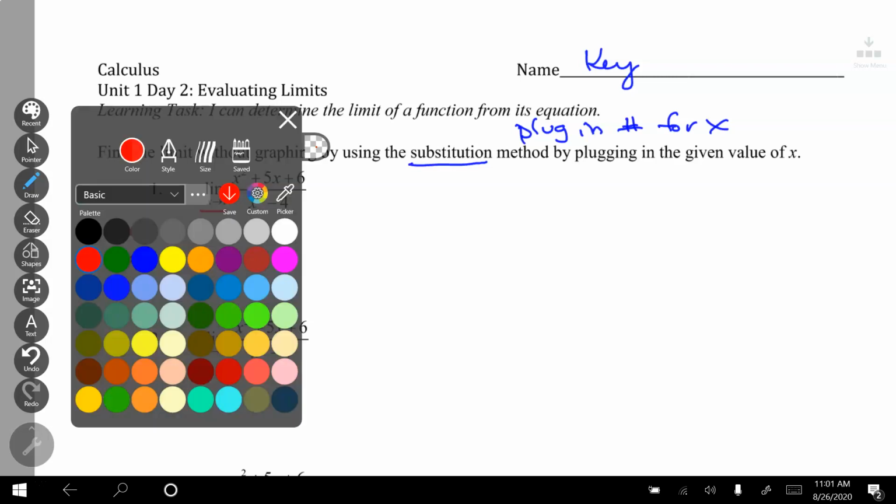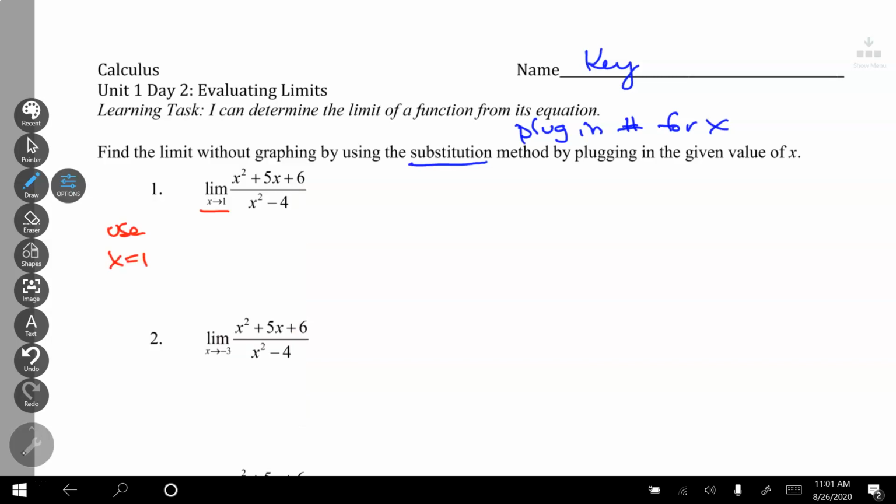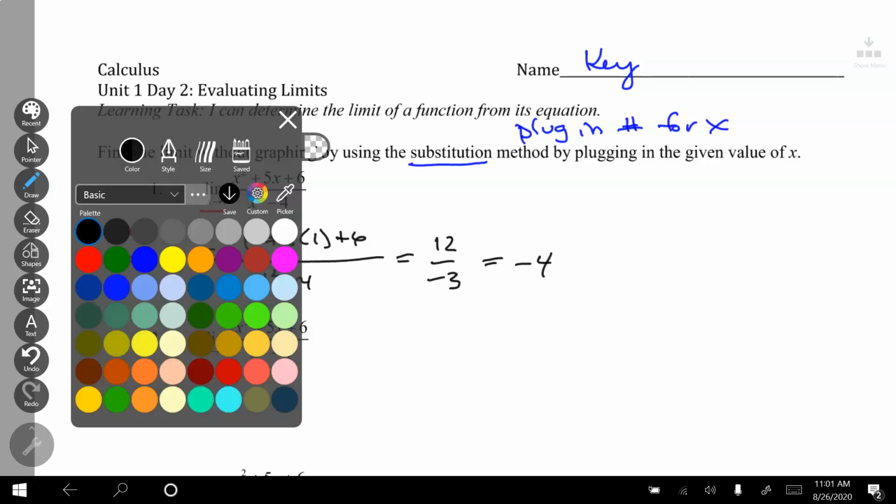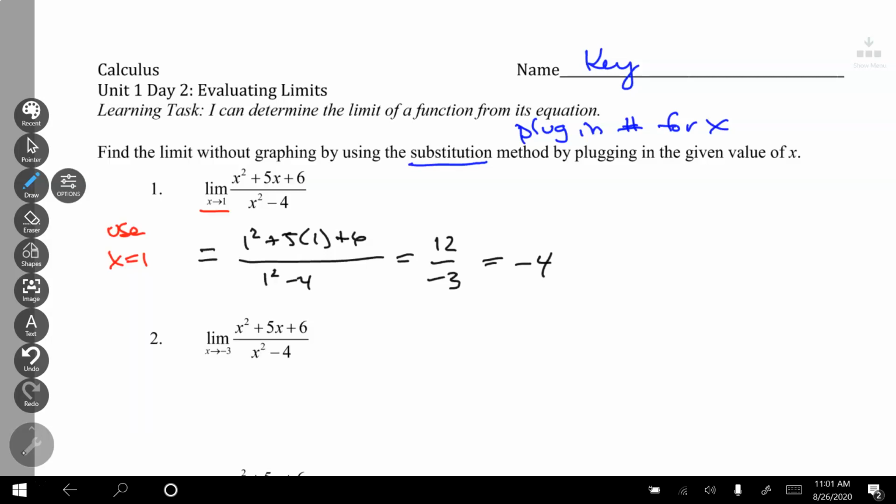And when I plug it in, I get 1 squared plus 5 times 1 plus 6 over 1 squared minus 4. I get 12 over negative 3, which is negative 4. I like that. Negative 4 is a number.